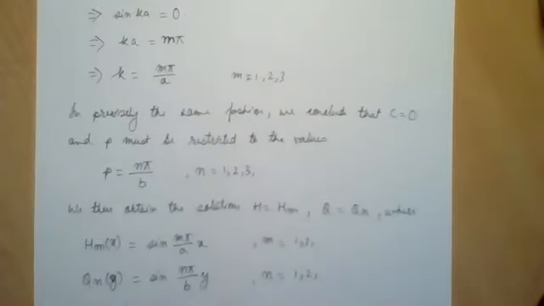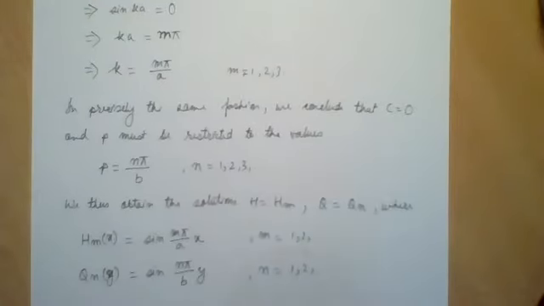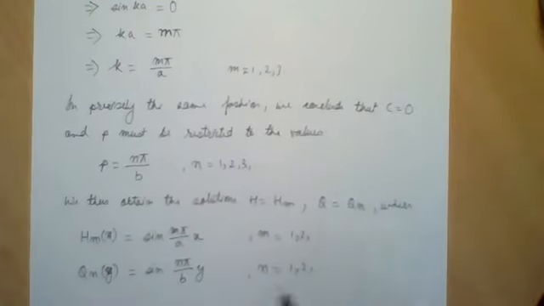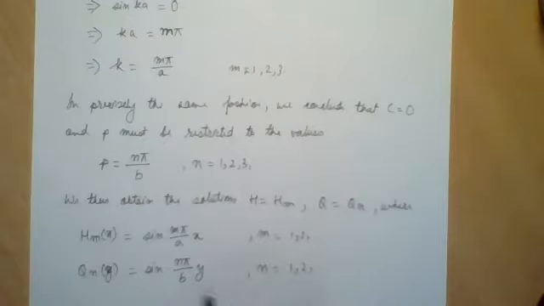As in the case of the vibrating string, it is not necessary to consider negative values of m and n, because the corresponding solutions are essentially the same solutions, except that they will be negative.